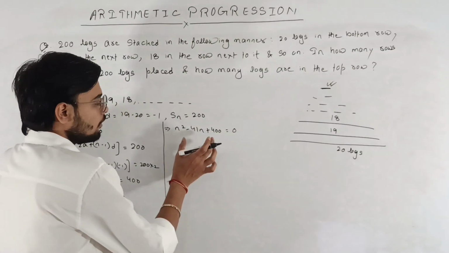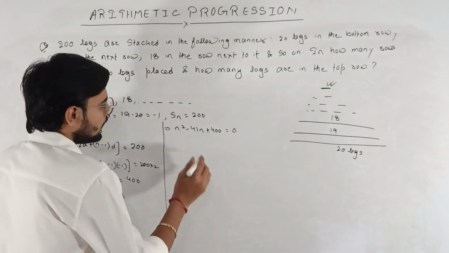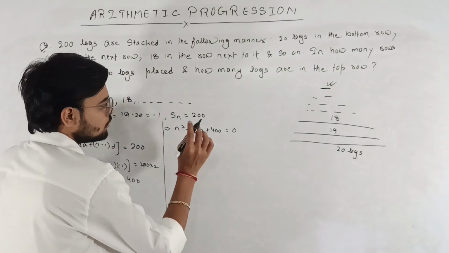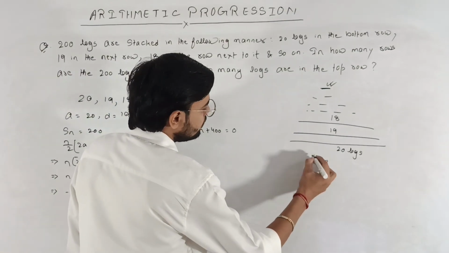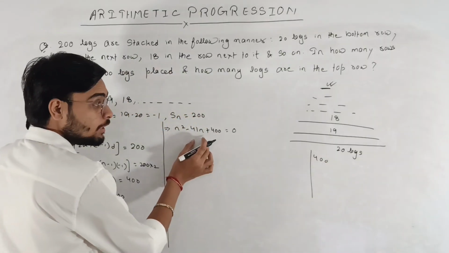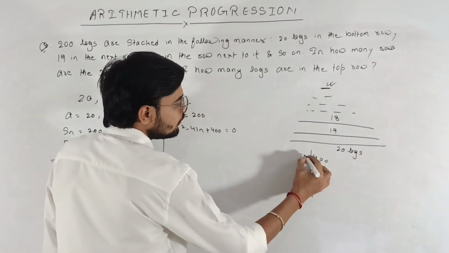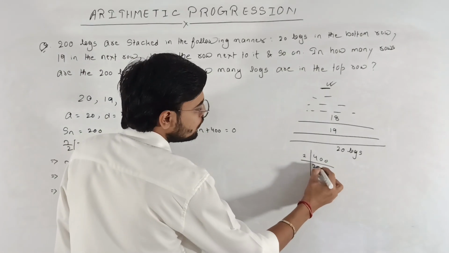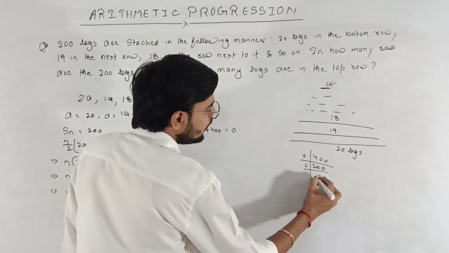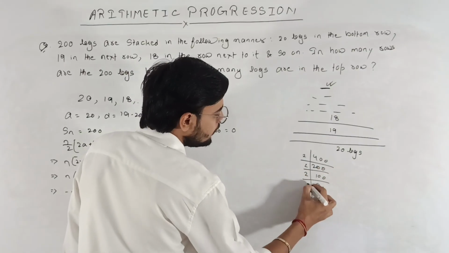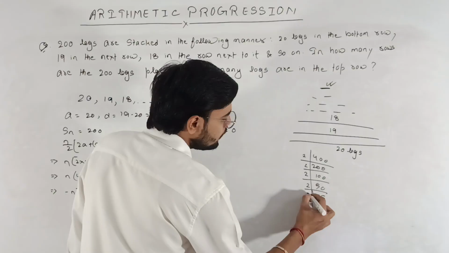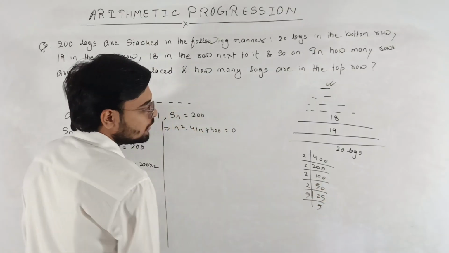Now we have to solve this quadratic equation by factorization. So we have to split the middle term, which means splitting 41 into two terms. For this, first I do the prime factorization of 400. This is 200, this is 100, this is 50, 25, 5 and 5.